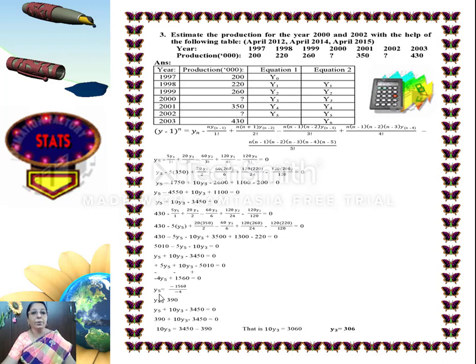We arrive at the value of y5. Similarly, we write a second equation with y1, y2, y3, y4, y5 and y6, leaving off the first value. With a similar equation, we get another equation, and then we solve both the equations and arrive at the value of y3 as well.